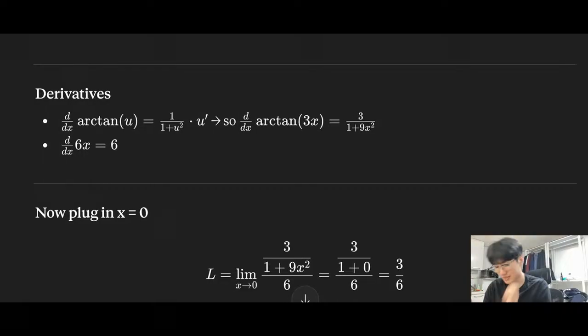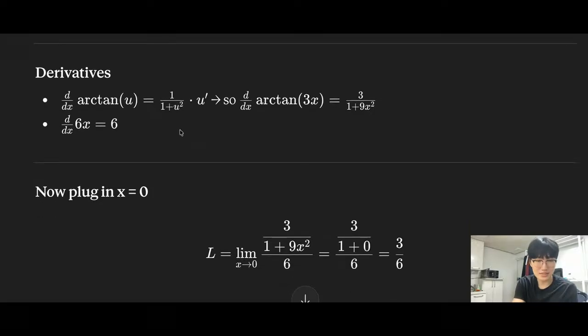I feel like I've been way too focused on this formula, and my basic math just stopped working for some reason. Yes, now it makes sense. And yes, the derivative of 6x is just 6.